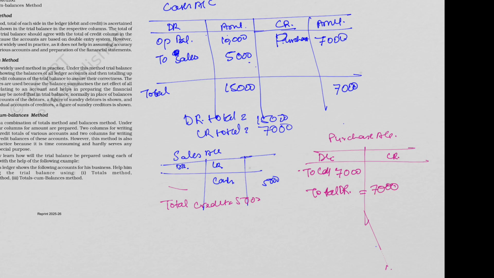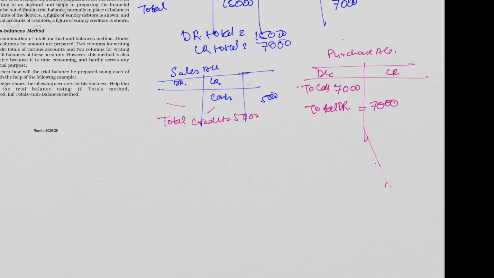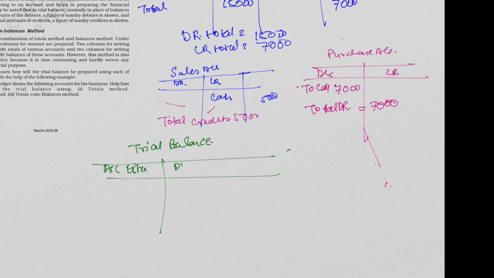Now last, we'll prepare the trial balance. So we'll take the total of each account. We have the account title, we have the debit total, we have the credit total.